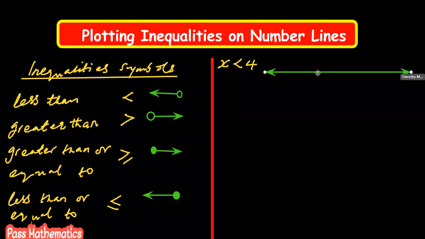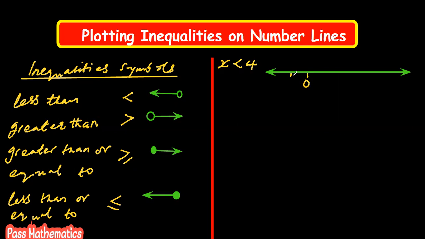Let's say we start from 0, to the left is -1, and to the right is 1, 2, 3, 4, 5.